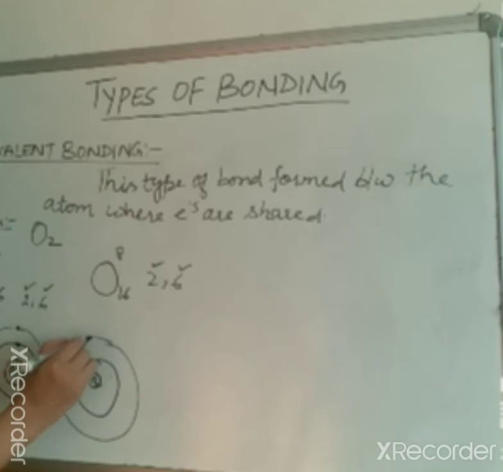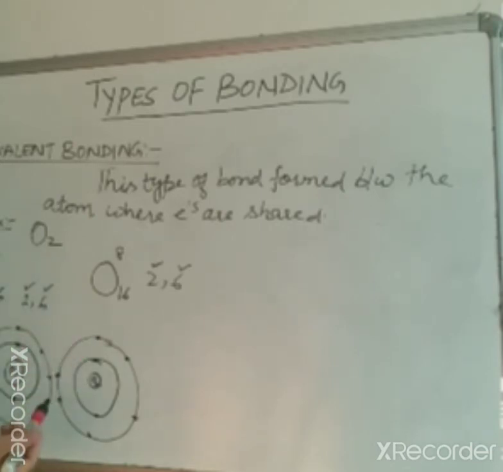So likewise here 2 electrons in first energy level, in second 1, 2, 3, 4, 5 and 6. See, both the atoms in their outermost energy level or valence shell, they contain only 6 electrons.